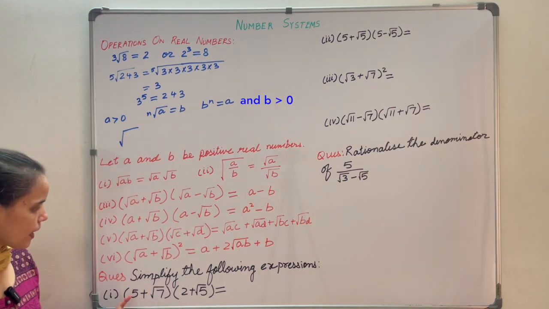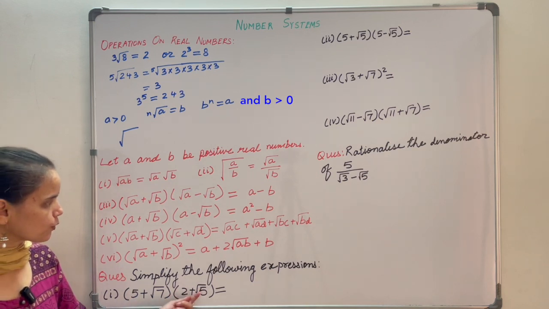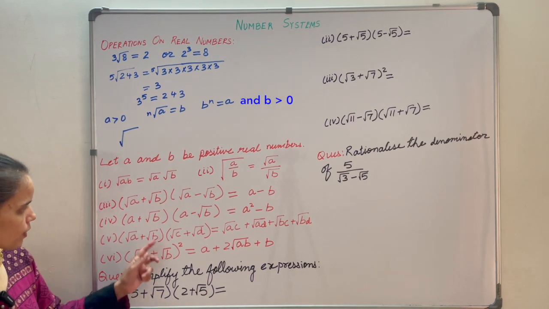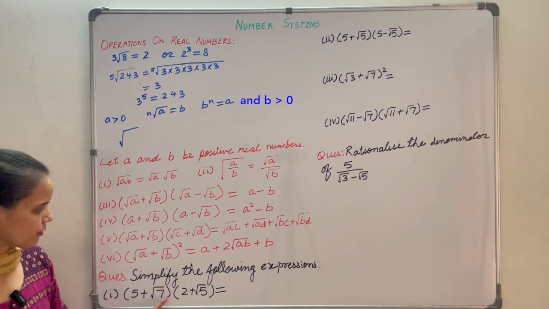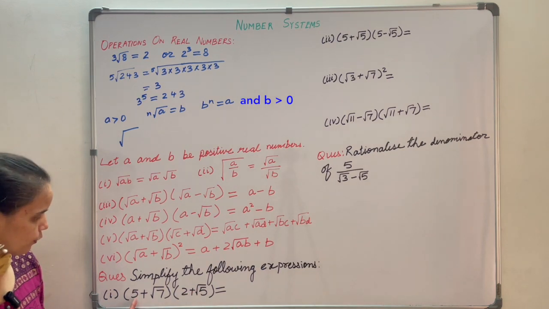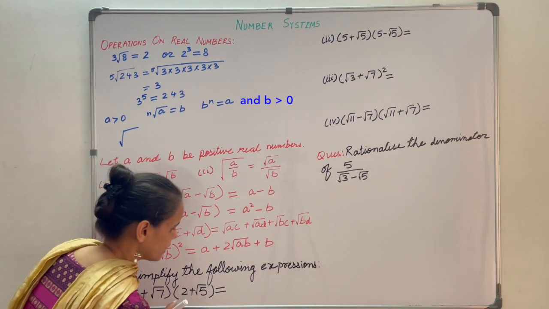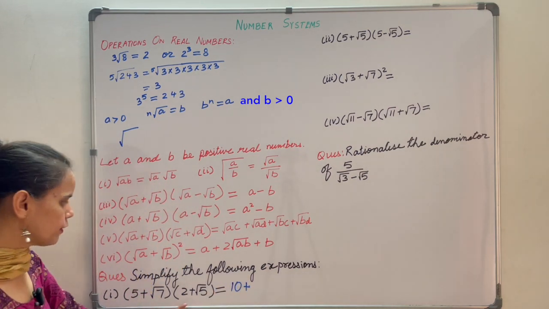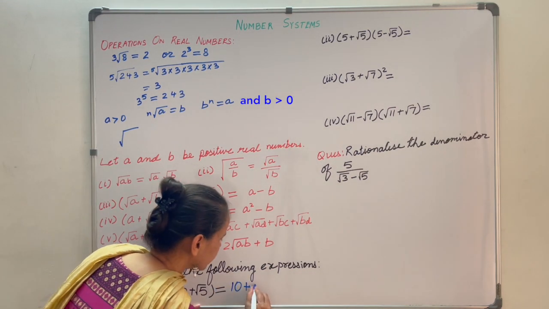So here inside the brackets you have 5 plus root 7, which is multiplied to 2 plus root 5. So you are going to use which identity? You are going to use this identity, that is, distributive property you have to apply here. So 5 into 2 gives you 10, then plus 5 into root 5, you will get 5 root 5.